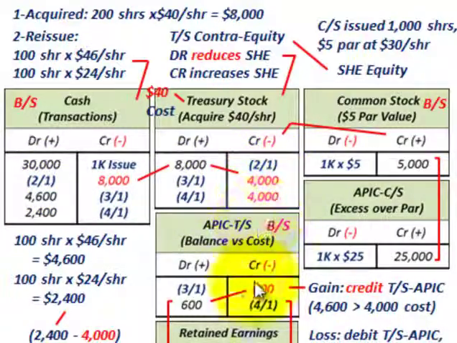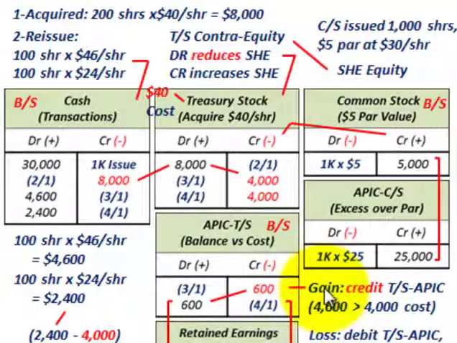So we need a $600 credit amount, so our credits add up to our debits and they balance. So we would credit our additional paid-in capital from treasury stock for $600. Simply the difference between the $4,600 received and the $4,000 cost on that stock.